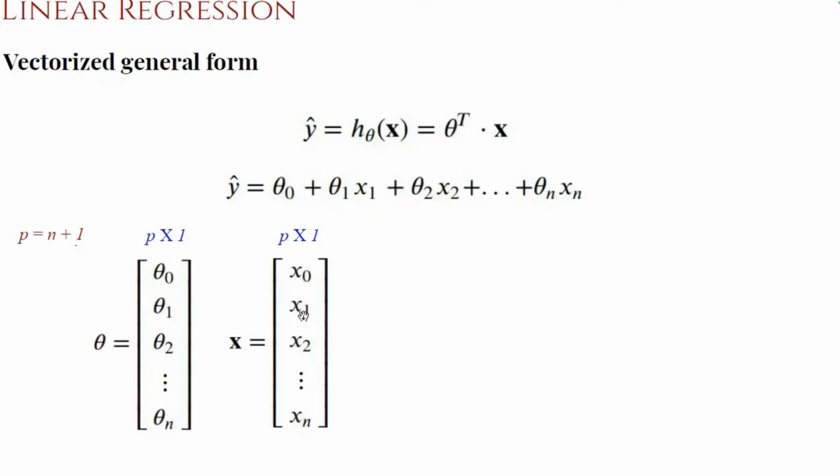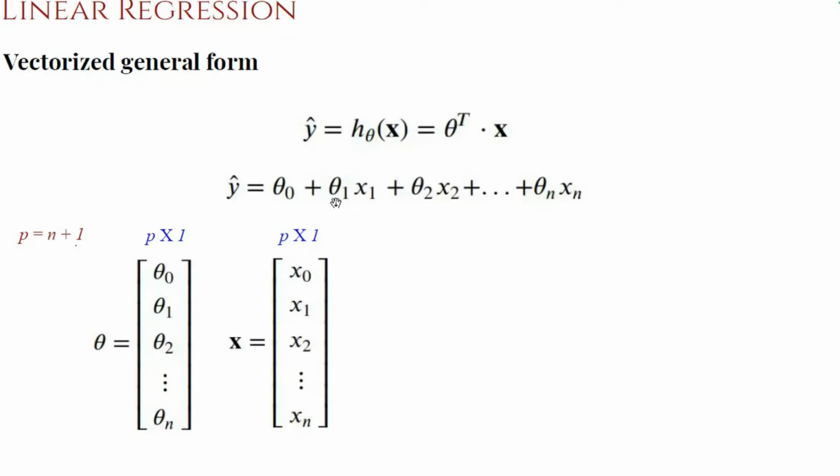For all those input attributes, like x1 is the weight of the participant, x2 is the age of the participant, and so forth, we represent all those as a column vector, and we call it x. So theta is a column vector name, and x is another column vector name. The values they hold have a specific meaning. This is holding the model parameter values, and this is holding the input attributes. We are adding an additional x0.